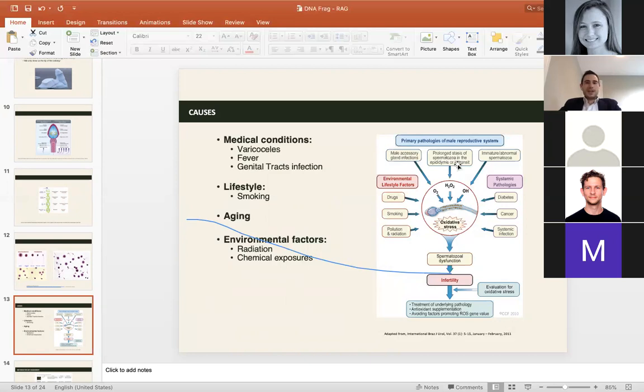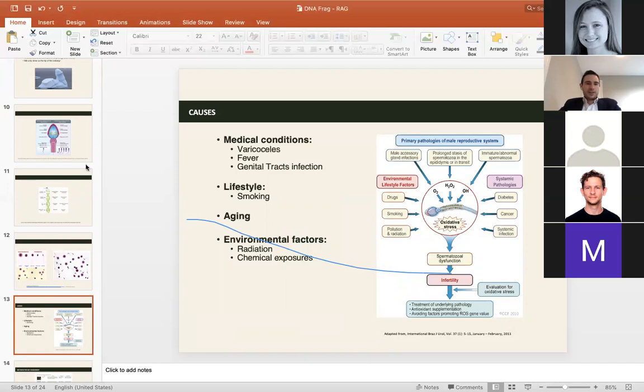Oxidative stress is an accumulation of all the toxins and the bad substances that would affect the DNA that we saw in this slide. So all these factors will cause an increase in these substances, in free radical oxygen, hydrogen peroxide, and hydrogen monoxide.